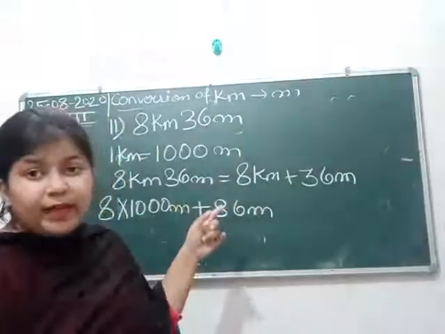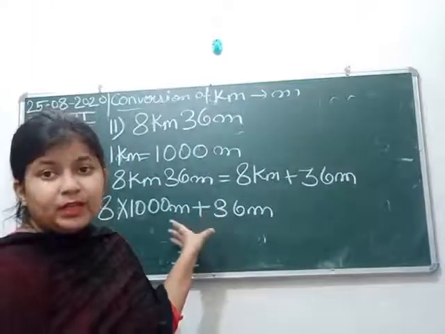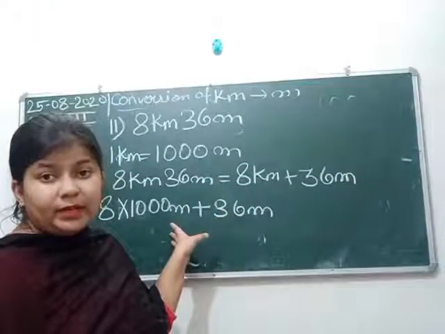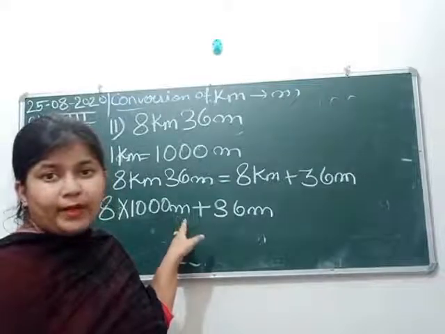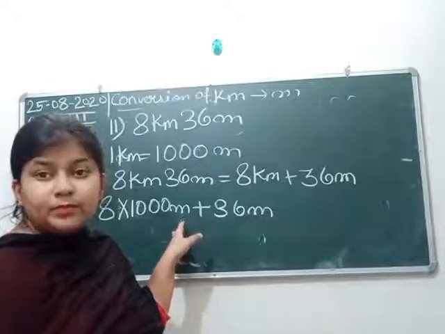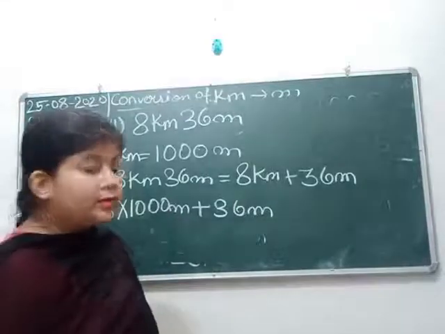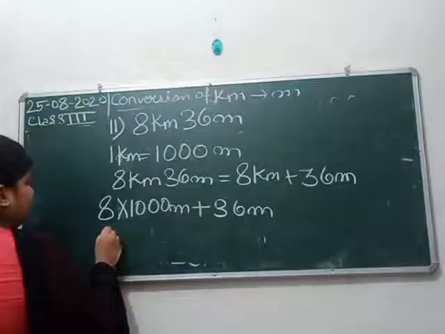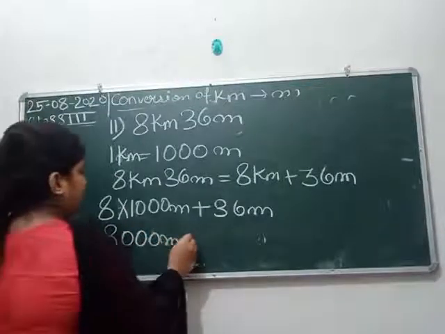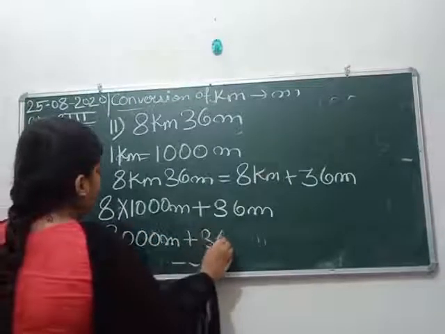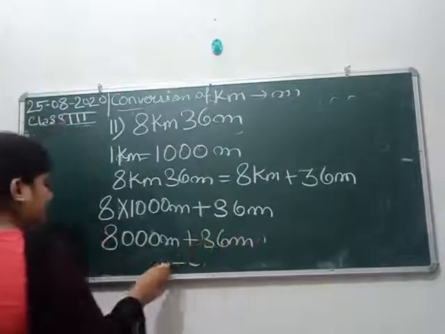So what have we done? We have just multiplied by 1000. So, 8 into 1000 meter plus 36 meter. Now, 8 into 1000 will give us 8000 meter plus 36 meter.